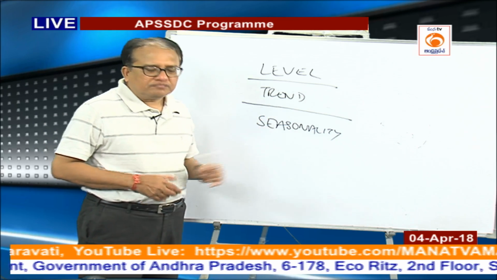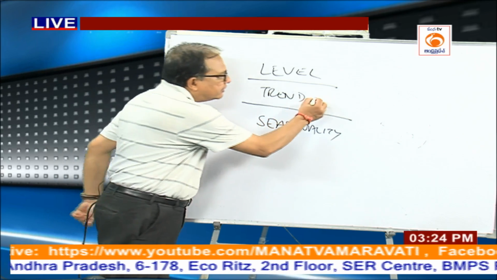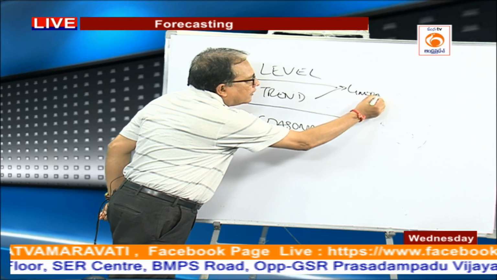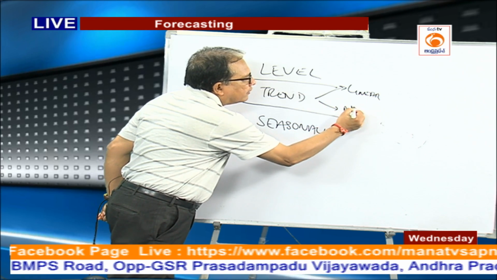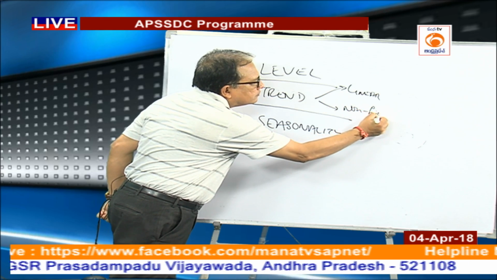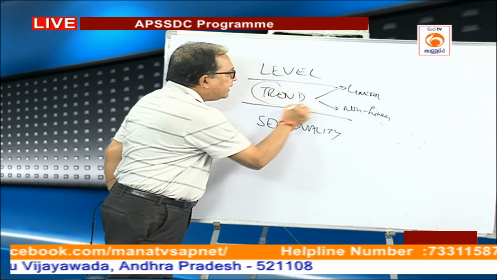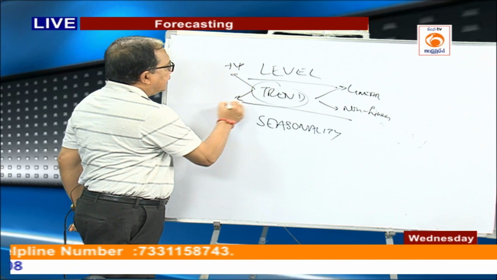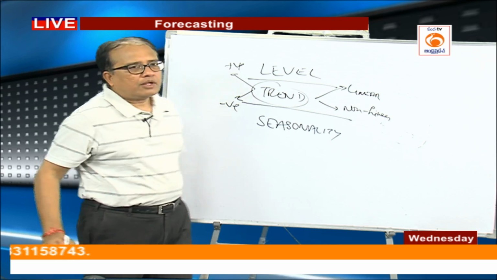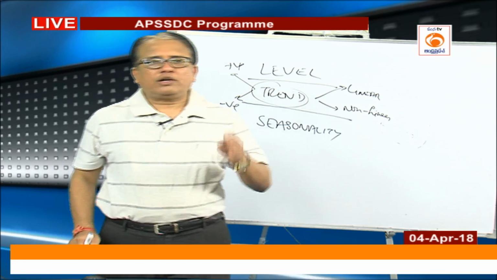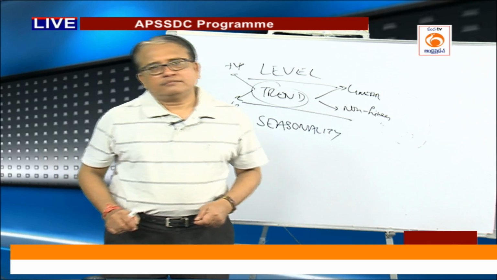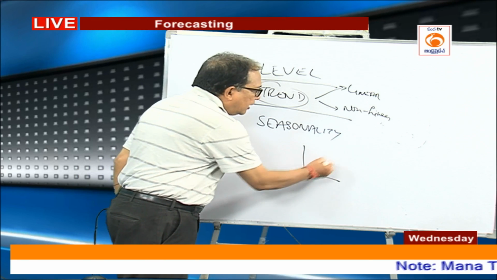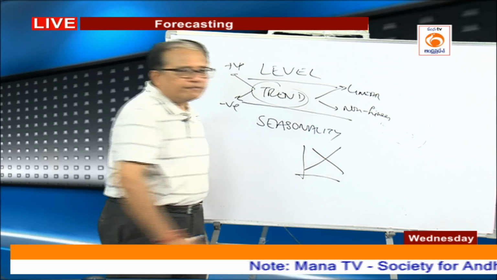Trend. Now, there are 2 types of trend. One is linear and one is non-linear. Trend can be both positive and negative. Trend means what is the direction? Is the demand of a product increasing or is it decreasing?